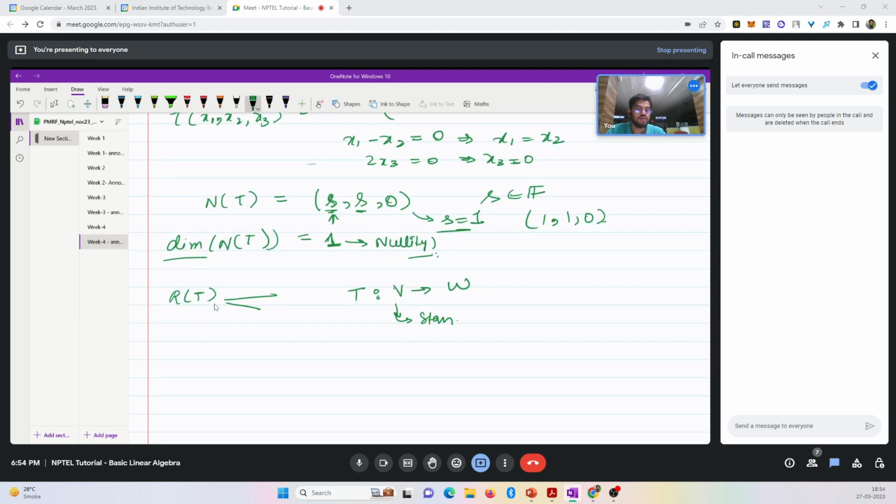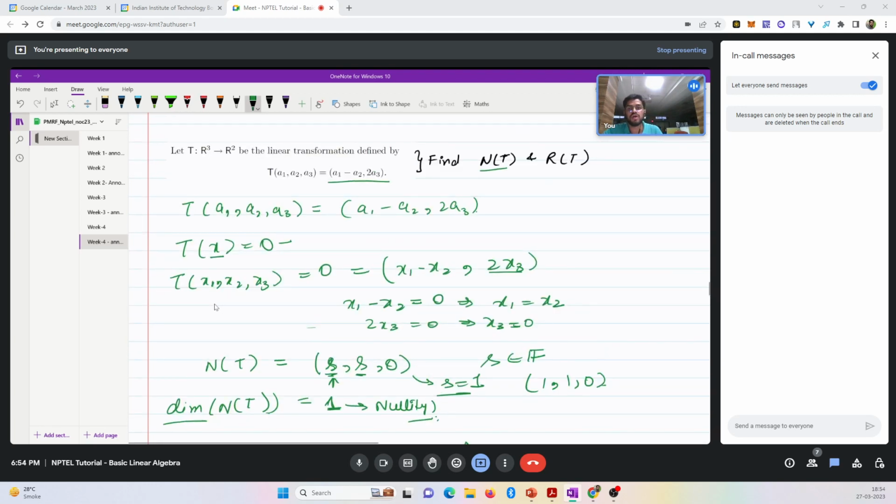You can look at any basis, but the standard basis would be easier. Then you take the map of this standard basis and look at the linearly independent elements out of them. The span of these linearly independent elements would give you the range space of T.